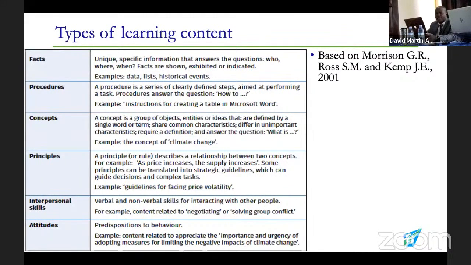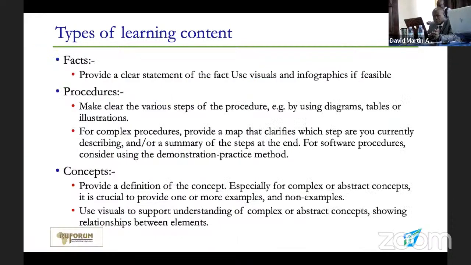So know exactly the type of content you are trying to give. What is it? What form is it? These are details that, for the sake of time, I'll try to skip. I will give you the content to consider.